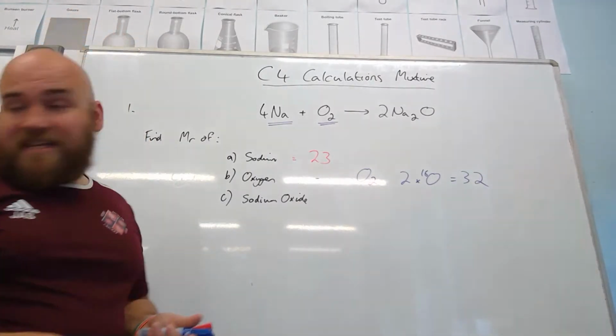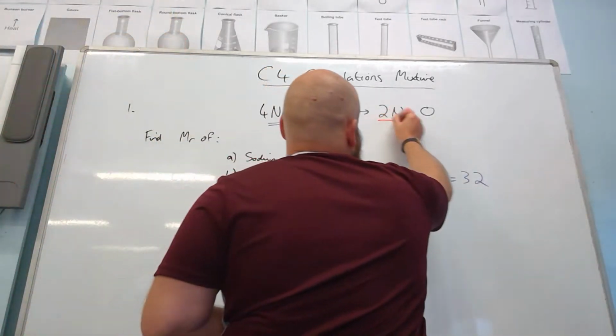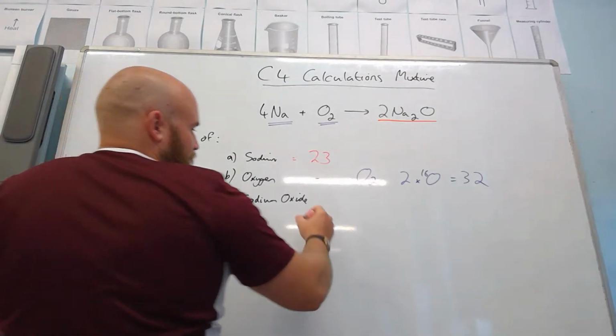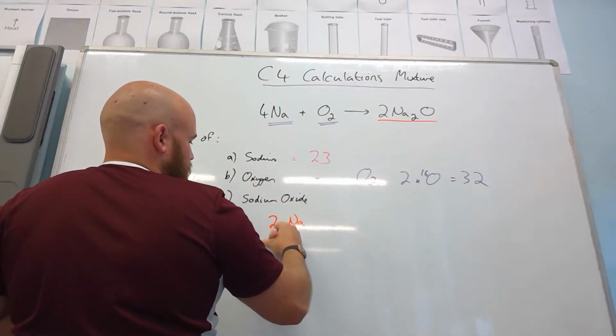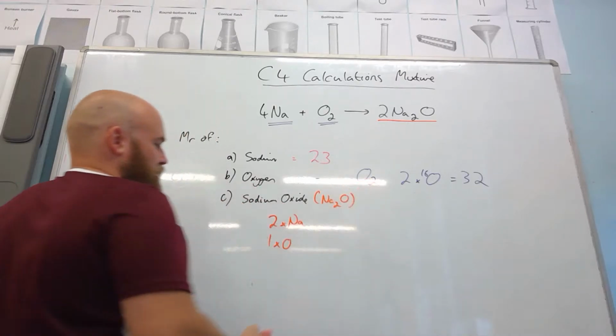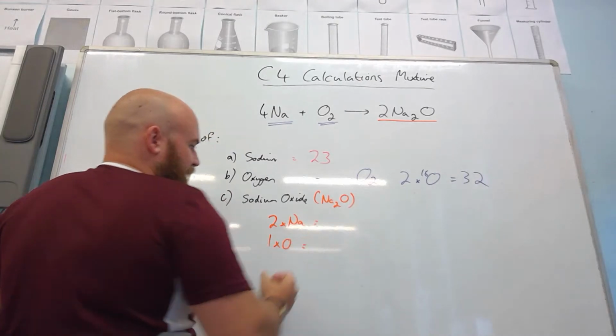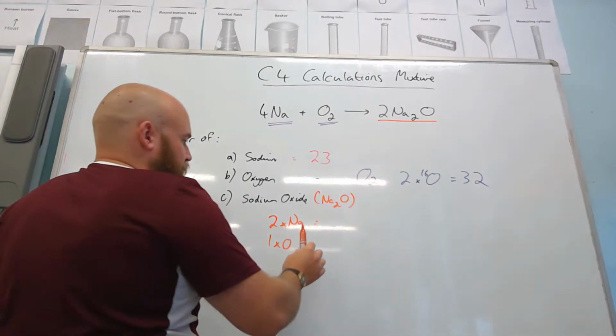The last one is sodium oxide, so that must be the thing that I've not underlined yet, which is that. So what have I got in there? I've got 2 Na's and I've got 1 O, so it's Na2O. Thankfully I don't have to use the periodic table again, because I already have the bits I need.